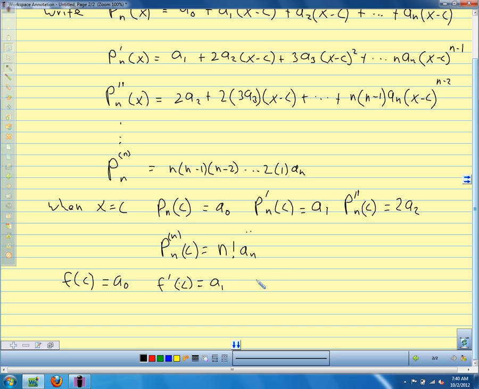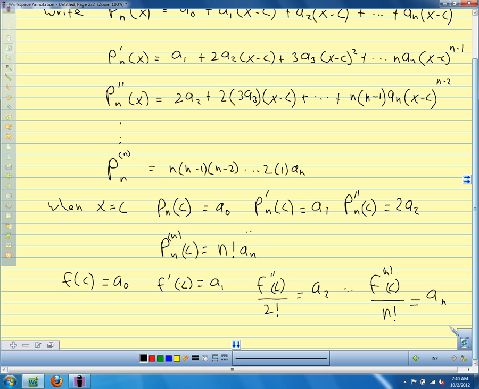And I'm going to simplify a little bit. f double prime at c divided by 2 factorial equals a2, because I'm getting rid of this factor of 2 here. And finally, my nth derivative at c divided by n factorial has to equal a sub n.